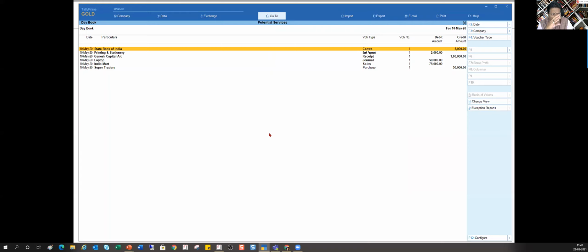And the reason all the transactions are coming here is basically because I have not changed the date. In fact, there are different dates here, but when I demonstrated, I showed you that all these entries I made on a single date, which is 10th of May. So that is why it is reflecting everything.